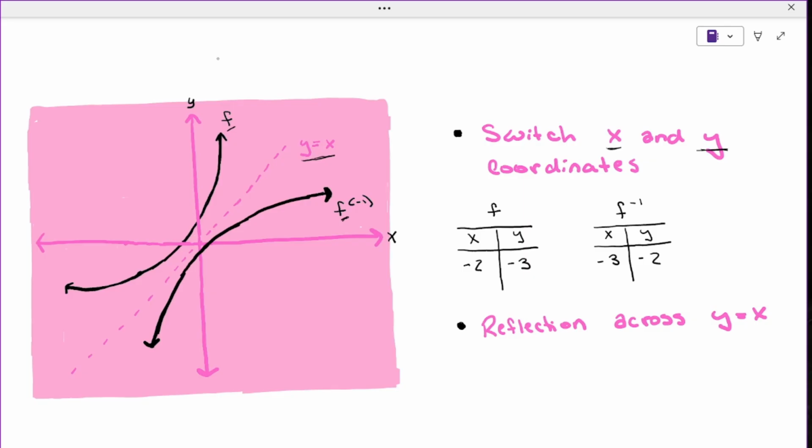So if there's a point on this function f that's (-2, -3), let's just say that's right here, on the inverse, it would be x is -3 and y is -2. So it's really just the switching of the x and y coordinates, right? Okay, so again, reflection across the line y equals x, and it's the switching of the x and y coordinates.